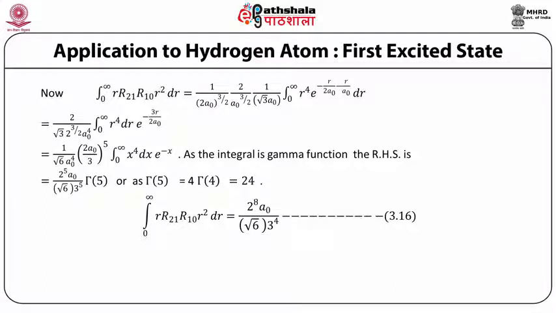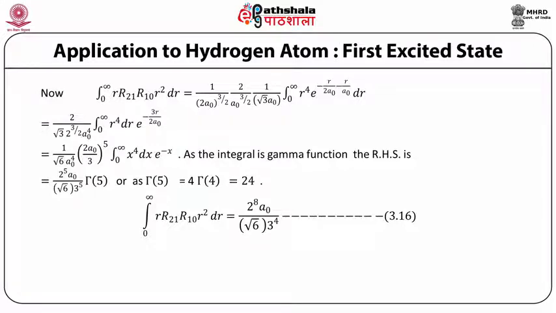So the whole thing is an integral over r^4 dr exponential, and it can be written also in the form 1 over root 6 a naught to the 4 into 2 a naught by 3 raised to the power 5 integral from 0 to infinity of x^4 dx exponential minus x. As the integral is a gamma function, the right hand side is gamma of 5 into 2 raised to the power 5 a naught divided by root 6, 3 raised to the power 5 in the denominator.